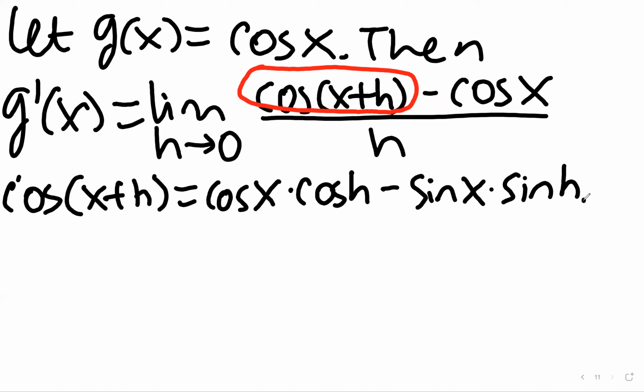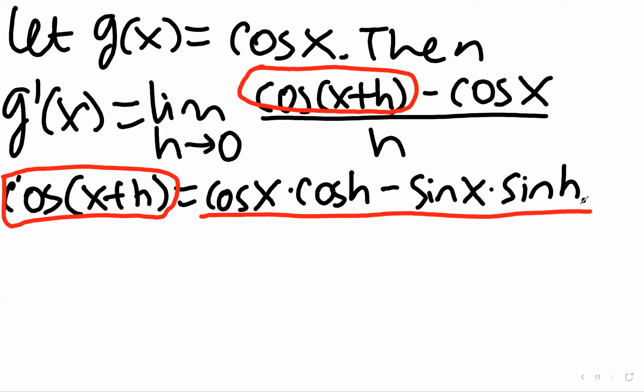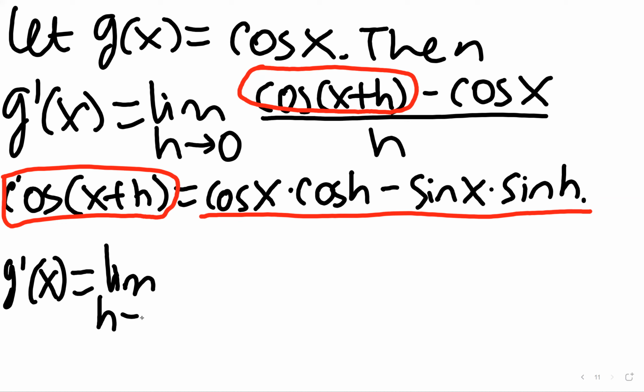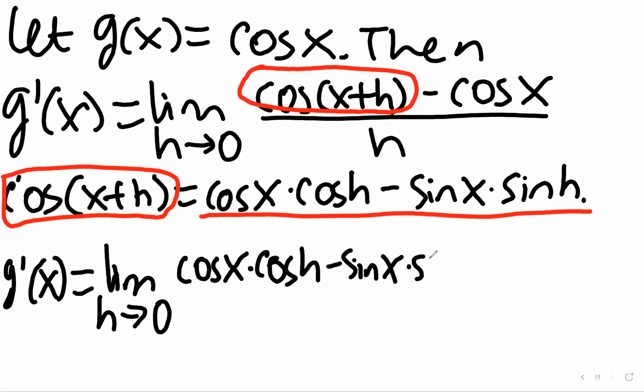So the red term here is replaced by this one. Then we'll have g prime of x equals the limit as h tends to 0 of cosine of x cosine of h minus sine of x sine of h minus cosine of x, divided by h.